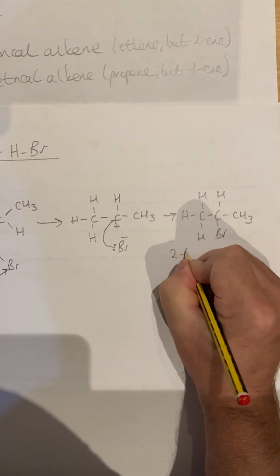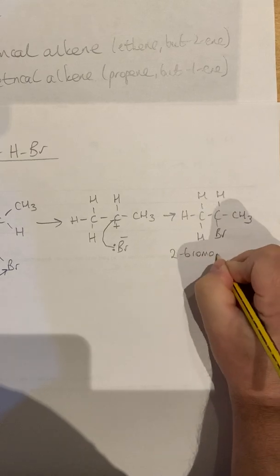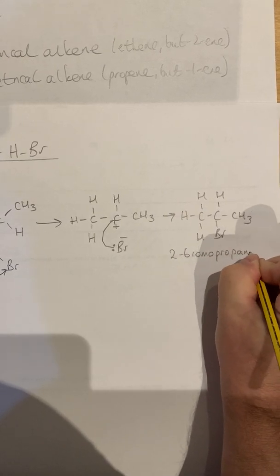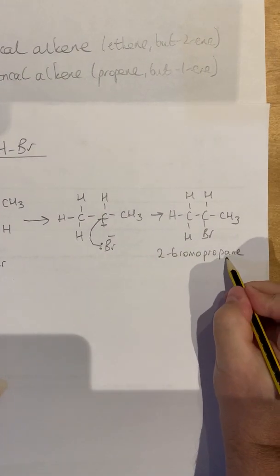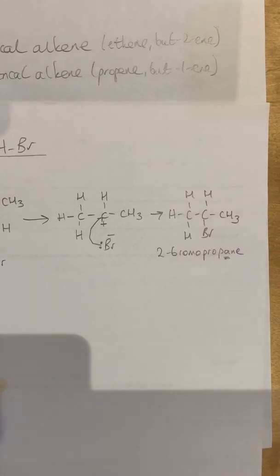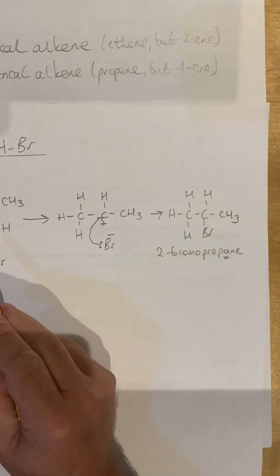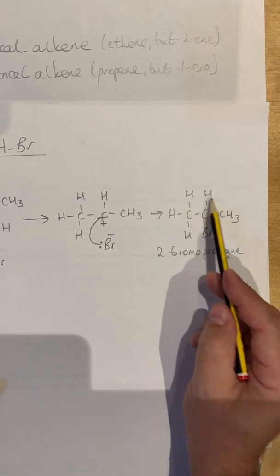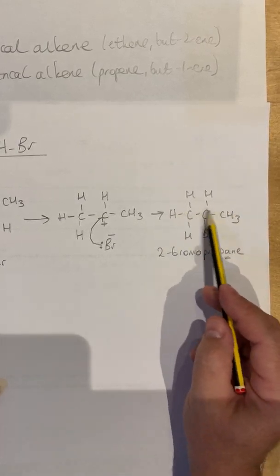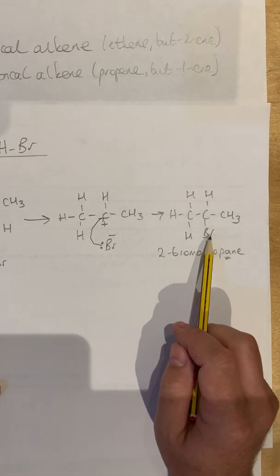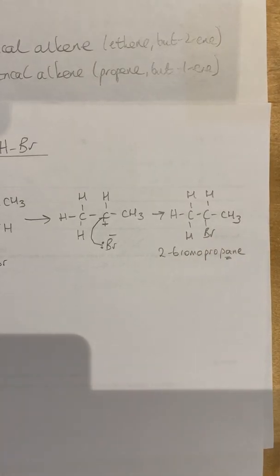And that will be 2-bromopropane. Notice it's propane. A number of you put that down as propene. It's gone from an alkene, but now it's an alkane because it's got single covalent bonds. But it's also got a halogen atom where the 2-bromo comes in.